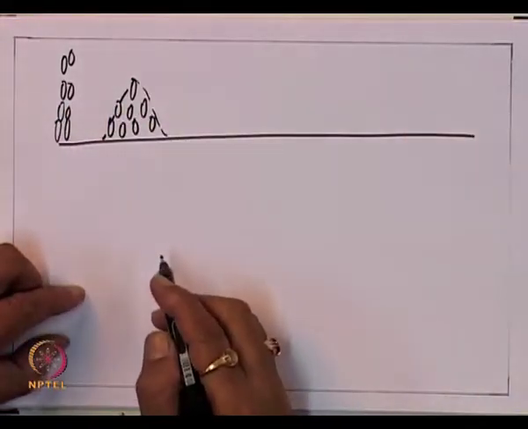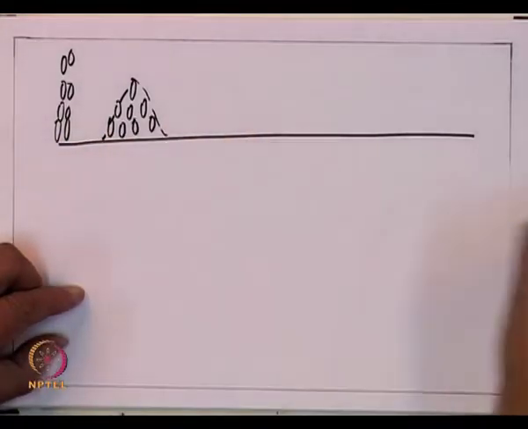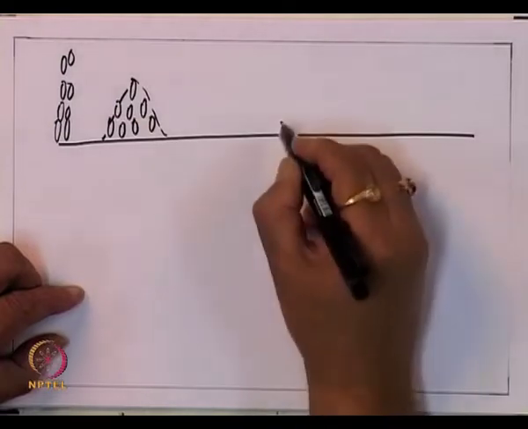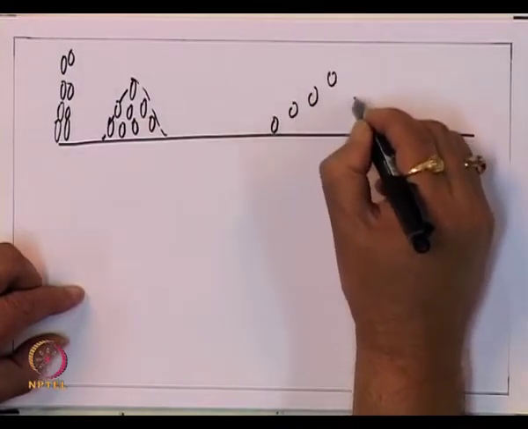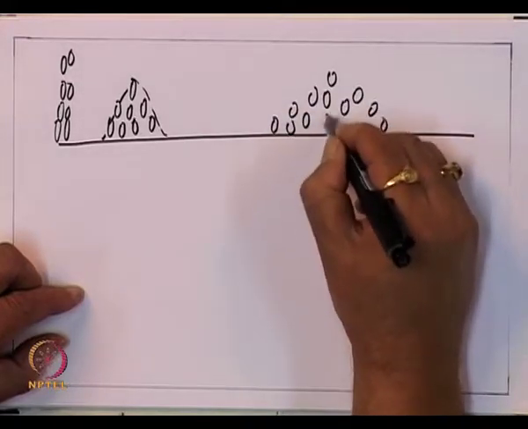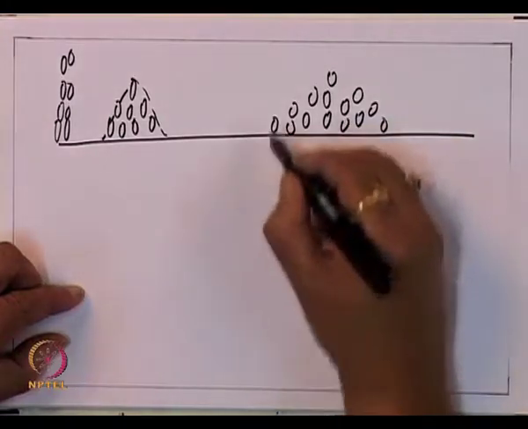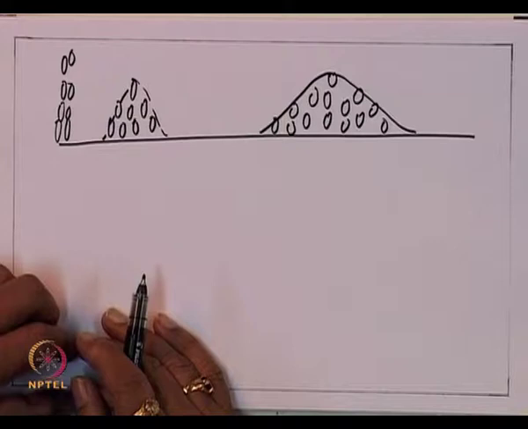You move further, you will see that the slow runner will be further left behind and the fast runner would have gone further ahead. So, I will see the crowd has become like this.